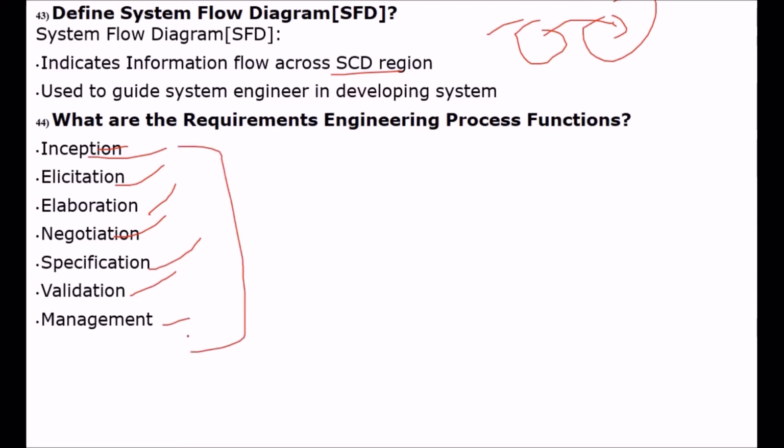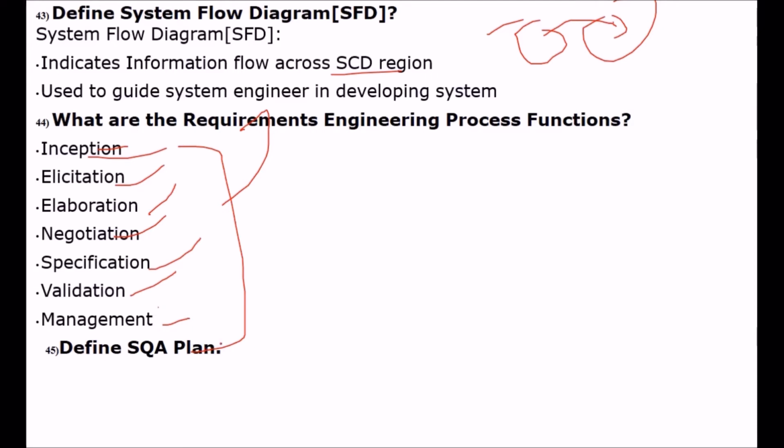These are the requirement engineering processes. This is the first process in any model. So inception, elicitation, elaboration, negotiation, specification, validation and management are the steps of the requirement engineering process functions.